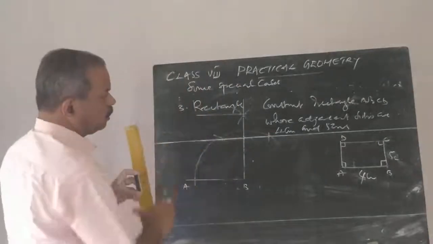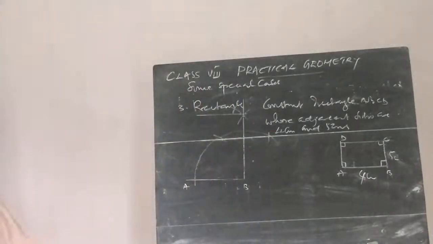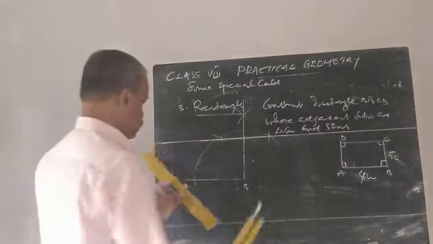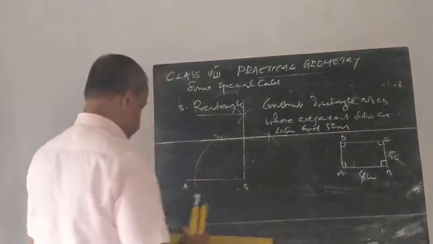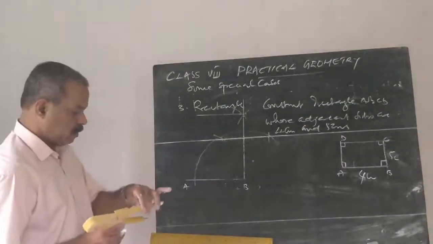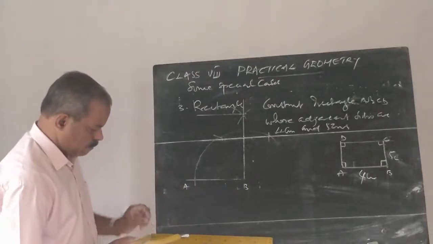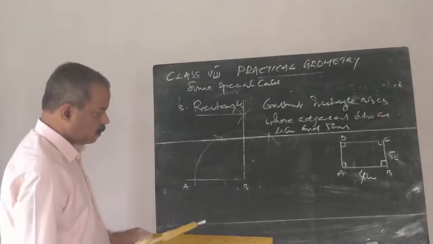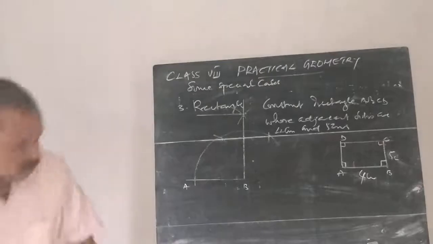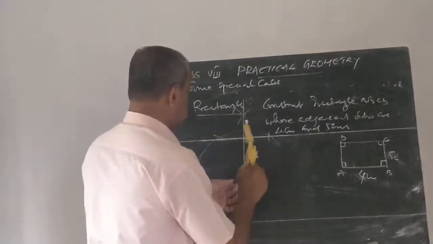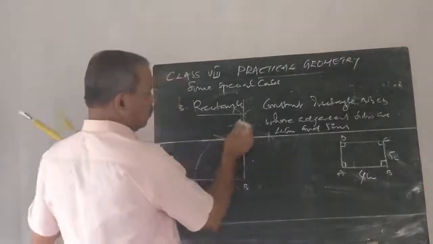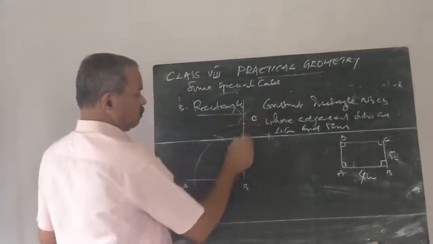Then along this side take a 5 centimeter length. This is the point C.